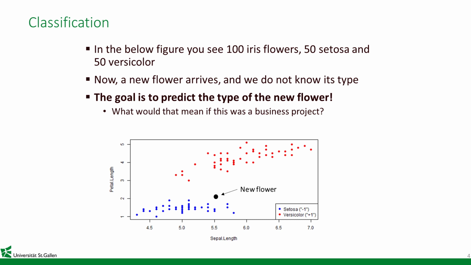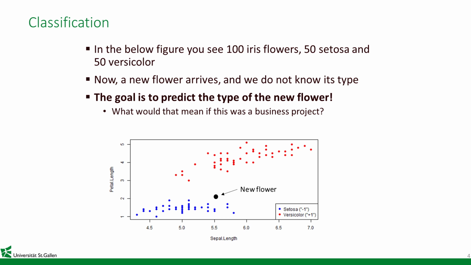In the figure below, we plotted for you the 100 iris flowers, which consist of 50 setosa and 50 versicolor flowers. In the graph below, you see that the versicolor flowers are indicated by a red dot, whereas the setosa flowers are indicated by a blue dot. Now just assume that you have a new flower which comes, and you are uncertain what type of flower that is, and you can only observe the sepal length and the petal length of that new flower.